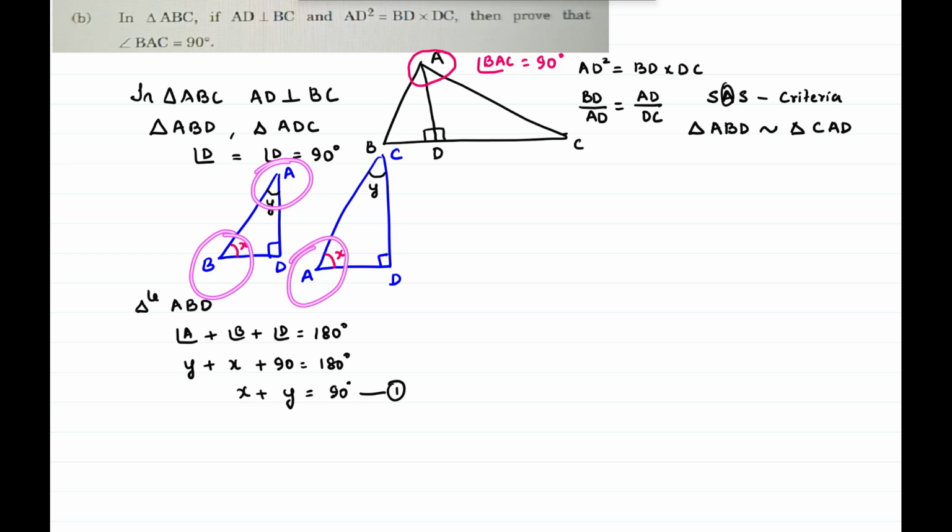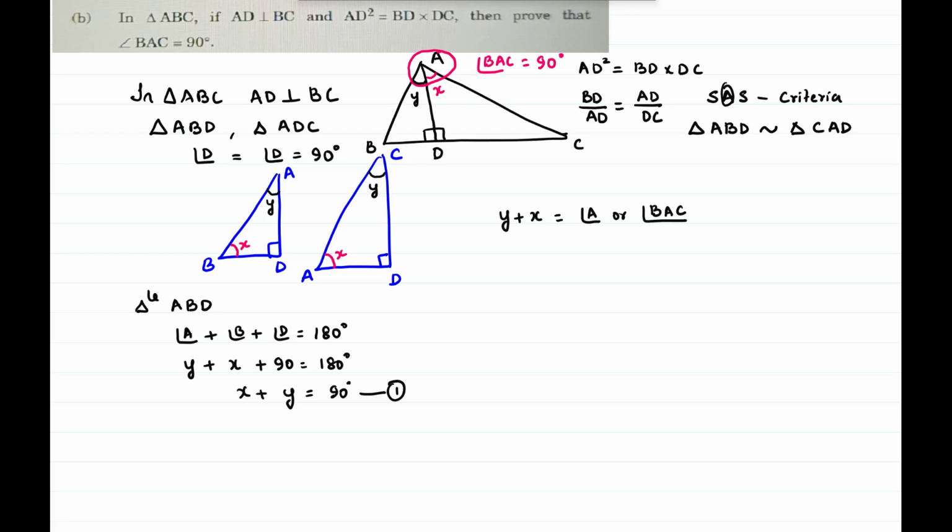In triangle ABD, angle A is Y, so we'll write this as Y. And in triangle CAD, angle A is X, so we'll write this as X. So what we get is Y plus X is equal to angle A, or angle BAC.